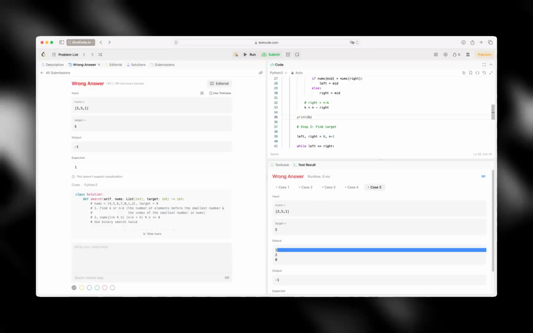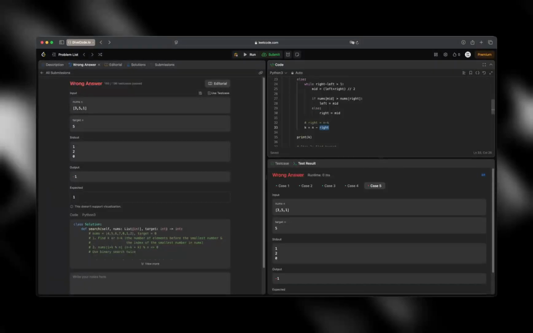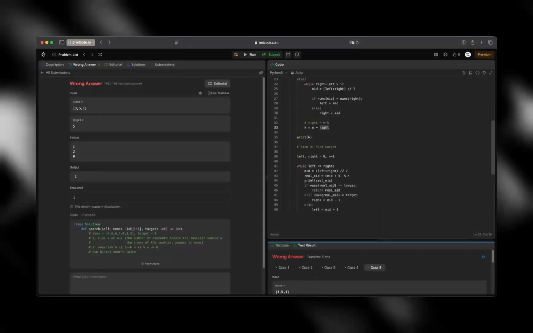K should not be equal to 1 here. I'm not sure how this works. Let's try to review this.